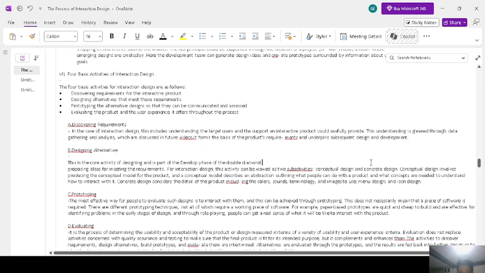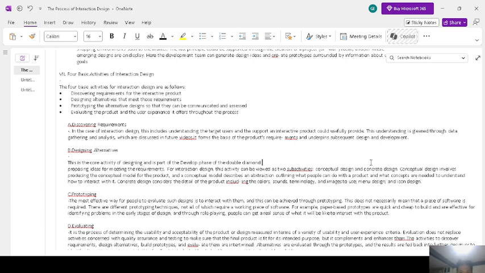So you start, you collect data, you analyze the data, you generate requirements, and then you go back to the start, and as you go, you change your theory or requirements based on the new information that you get.